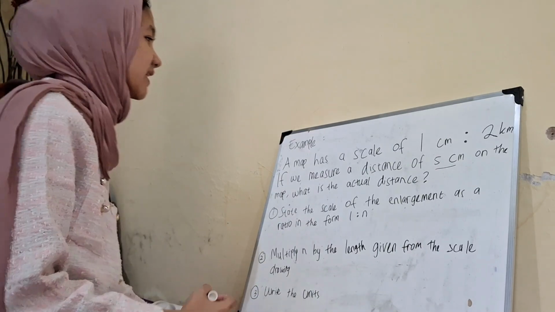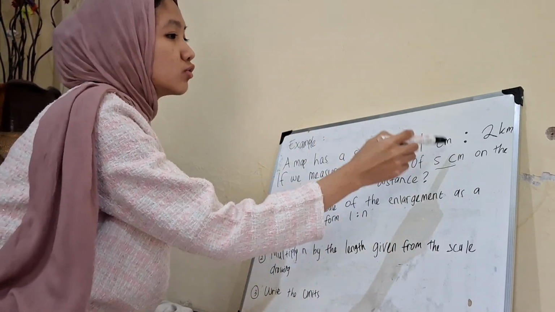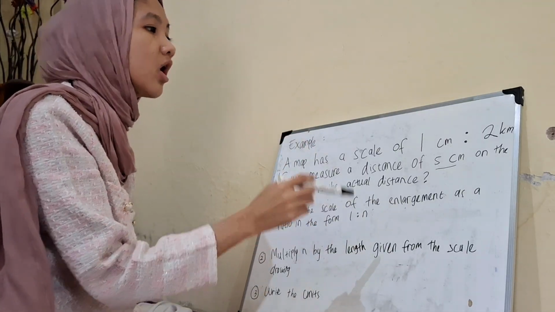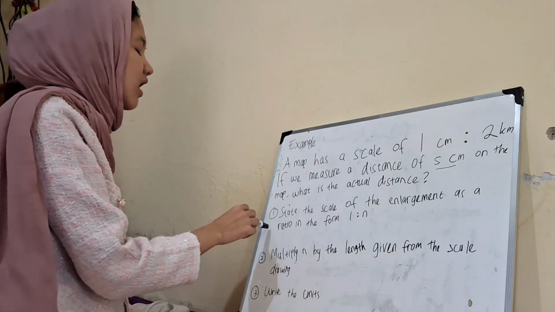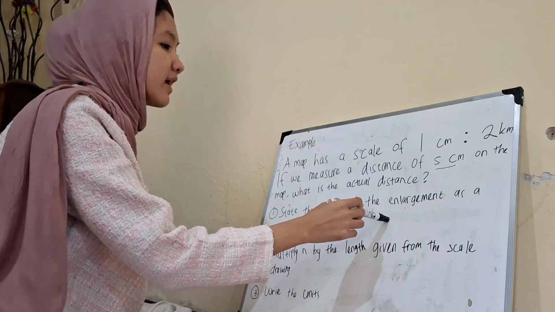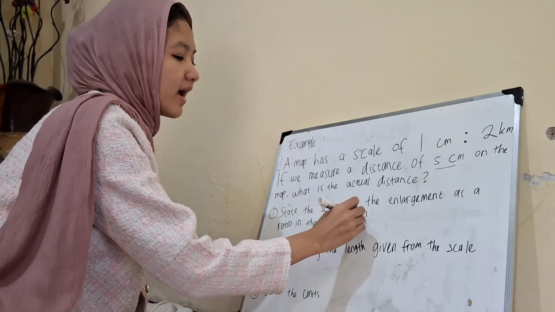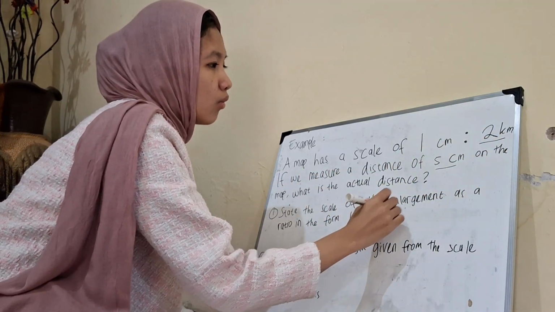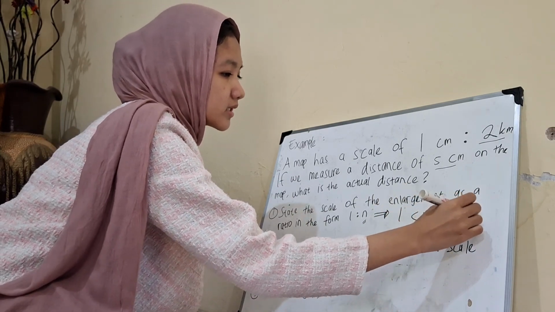Look at this example. A map has a scale of 1 cm to 2 km. If we measure a distance of 5 cm on the map, what is the actual distance? Step 1. State the scale of the enlargement as a ratio in the form 1 to n. The value n is 2 km. So, 1 cm to 2 kilometers.